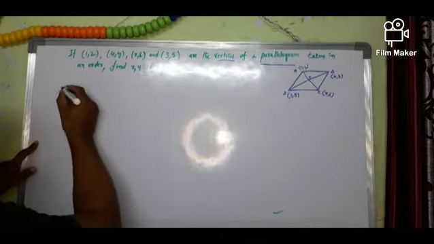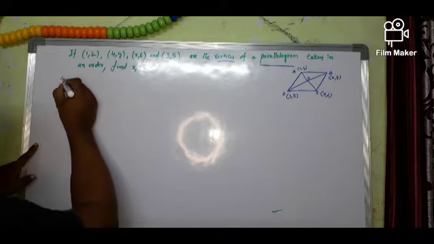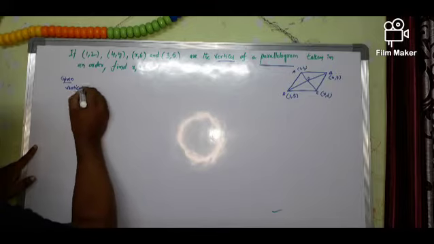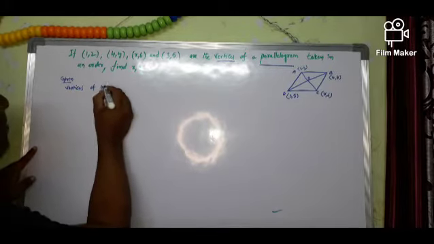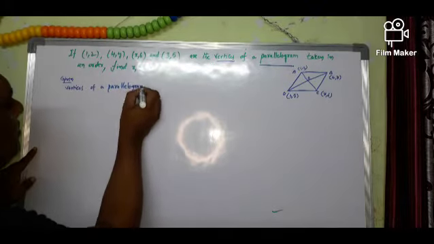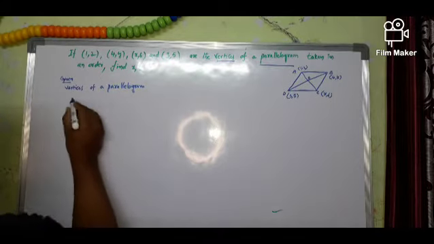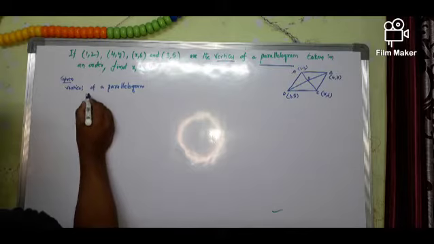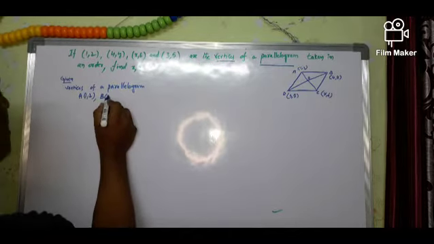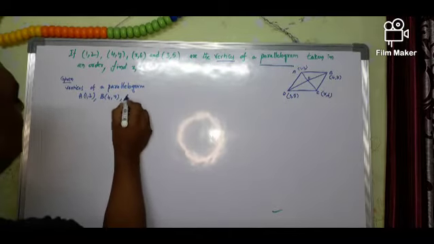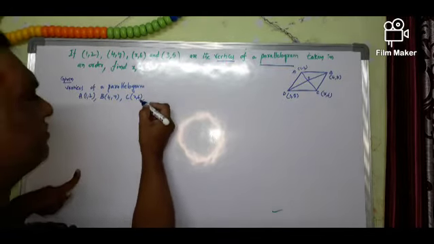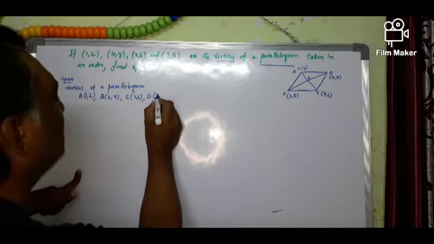The given vertices of the parallelogram are A (1, 2), B (4, y), C (x, 6), D (3, 5).